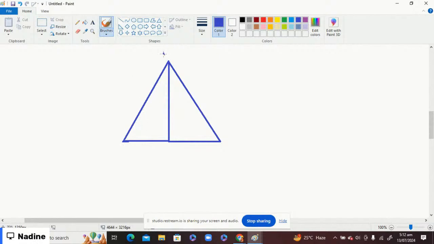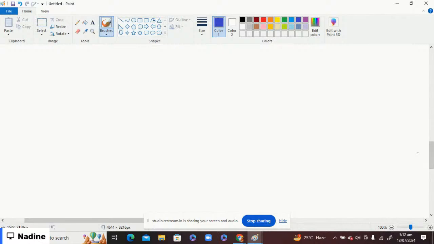Here is A, B, C and D. Now this side is equal, then this side is equal, so we can say that two angles of that triangle become equal. And what is an equilateral triangle? Let's also check that one.